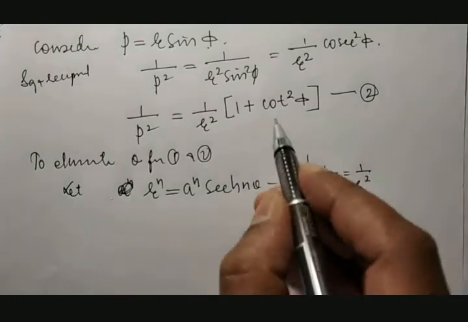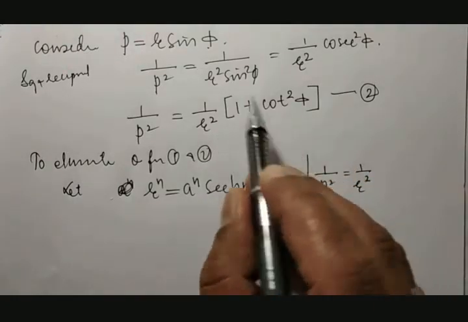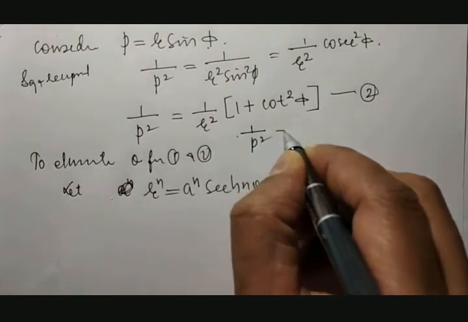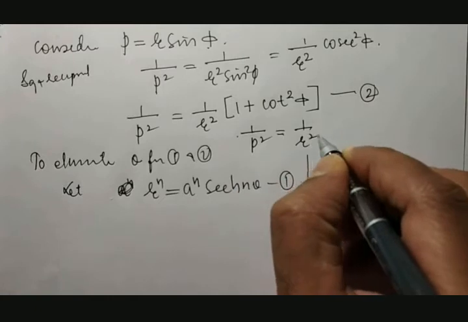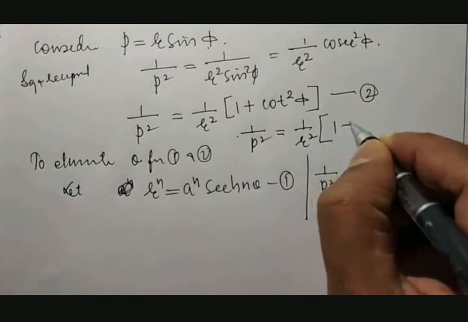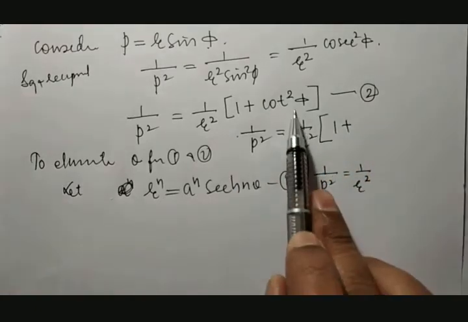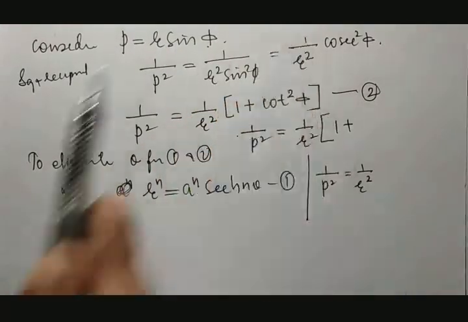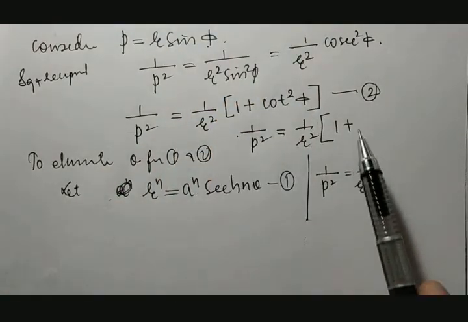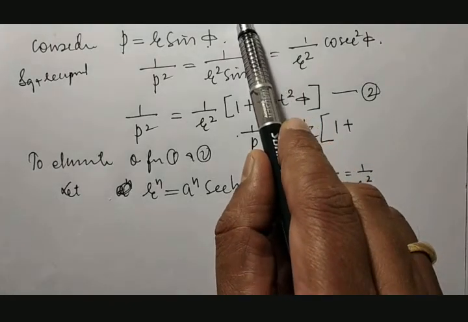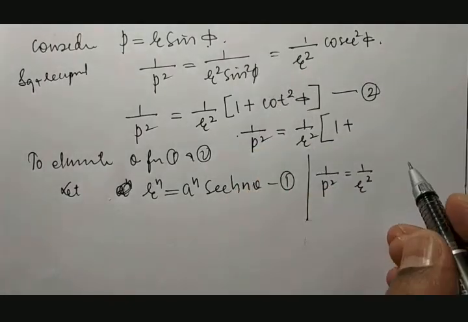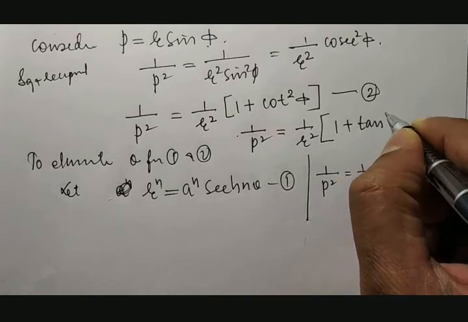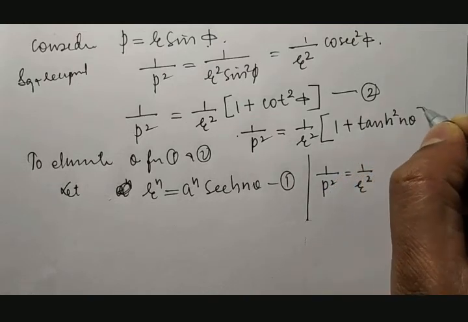Here we can substitute the value of cot square. Then 1 by p square is equal to 1 by r square into bracket 1 plus, what is cot? Cot is nothing but minus tanh n theta. When we take the square, this minus becomes plus. So it becomes tanh square n theta.